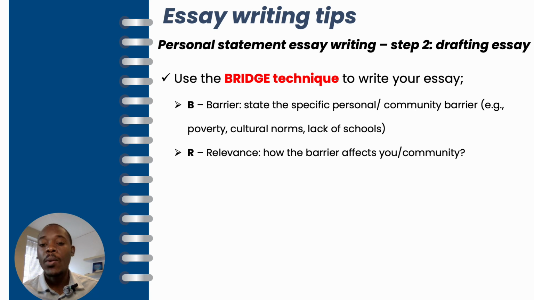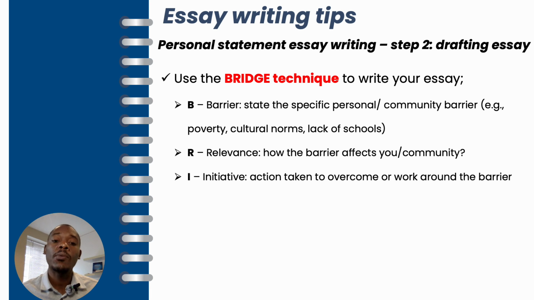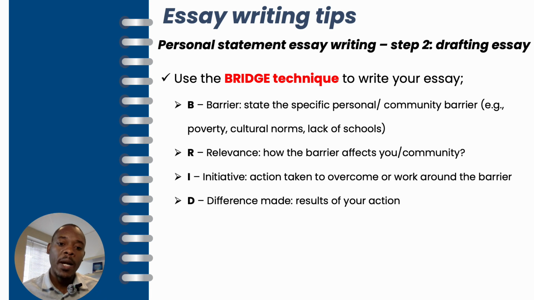After demonstrating how that barrier has been relevant or very impactful, you now bring in what action or initiative you've undertaken so far. Remember, the question is highlighting that you should be able to demonstrate in what way you've already tried to overcome that barrier. So the initiative: what action have you already taken to overcome that barrier, or how have you worked around that barrier?